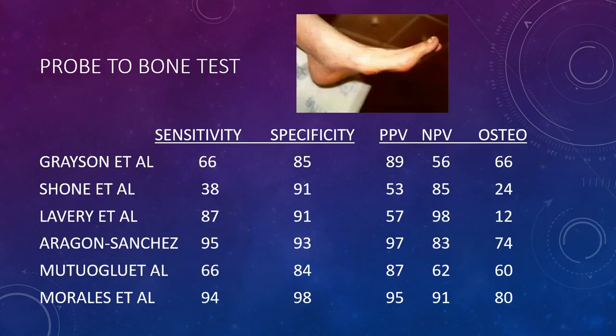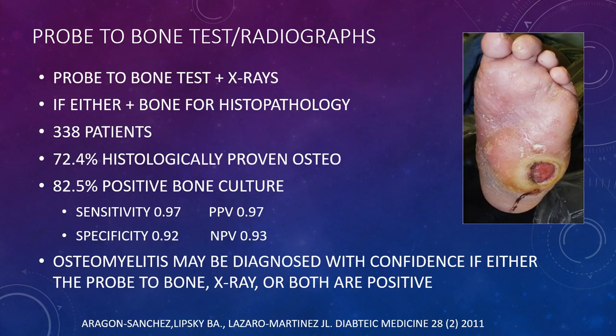In looking at publications examining the probe to bone test, we do see quite a bit of variability in the sensitivity of the test, not so much the specificity, and therefore some variability both in the positive predictive value as well as the negative predictive value of this test.